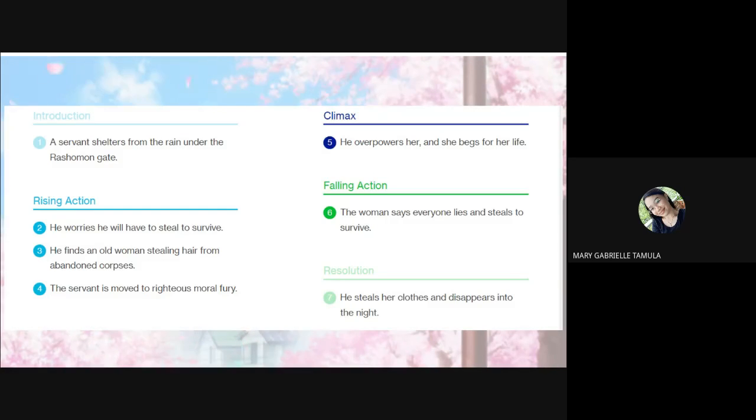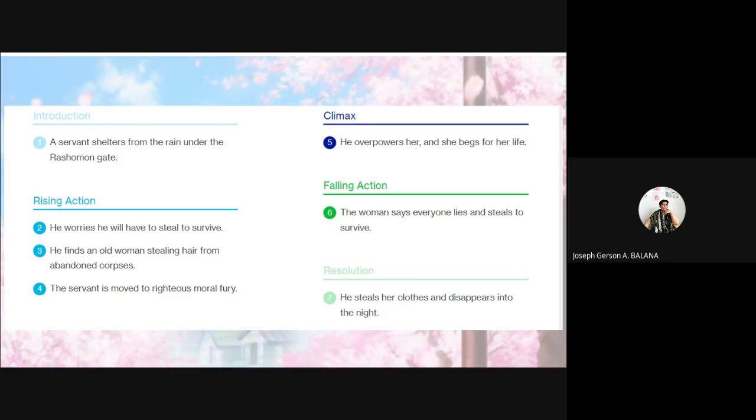Okay, yes, thank you, Mary. You pointed out that their main concern is how they will be able to survive, and what they were doing. For example, the old woman plucking out hairs from a dead woman tries to make a living by making wigs.